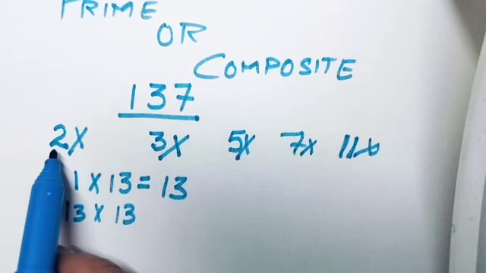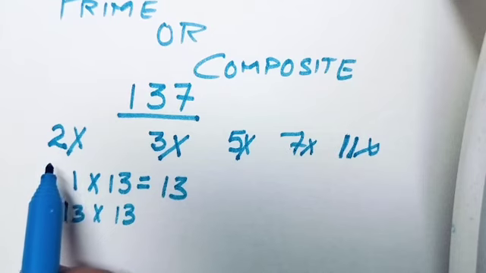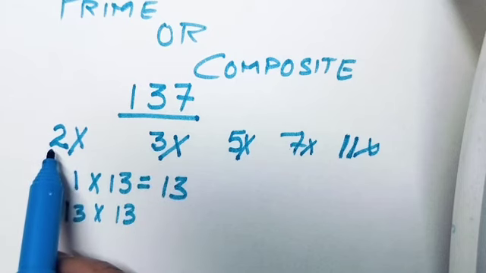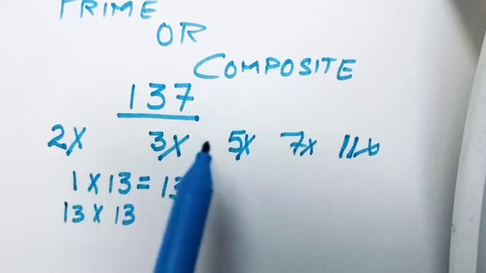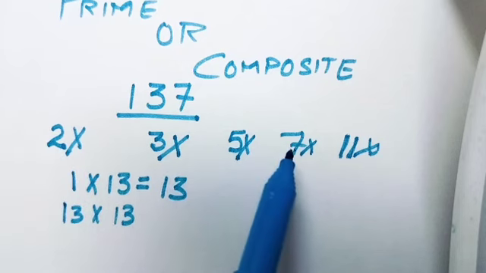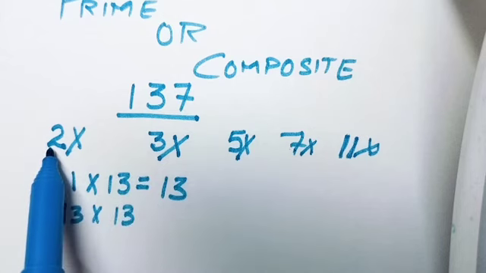Because 2 into 13 will come in 2's table also. 3 into 13 will come in 3's table also. 4 into 13 will come in 2's table also, because it has 4, so 2 will be there too. 5 into 13 will come in 5's table. 6 into 13 will come in 2, 3 and 6 tables also. 7 into 13 in this.